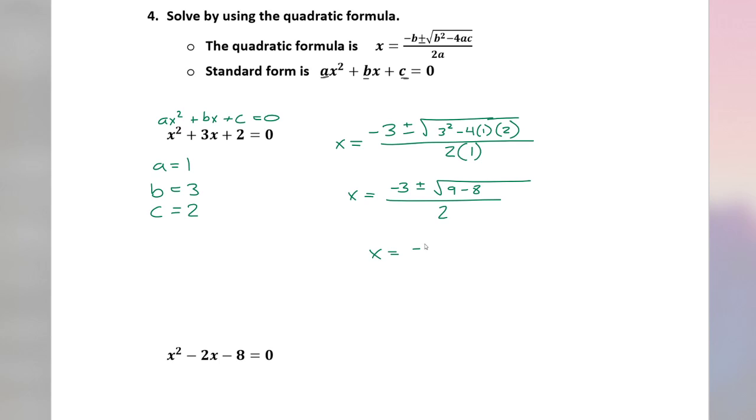So x equals negative 3 plus or minus the square root of 1 over 2. The square root of 1 is 1, so we have x equals negative 3 plus or minus 1, all over 2.